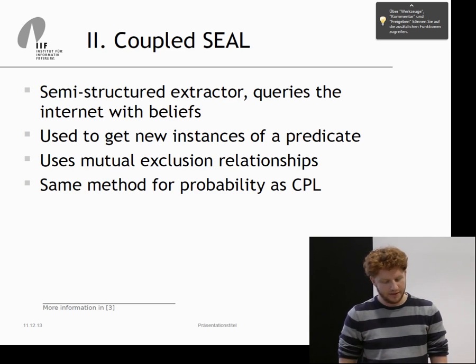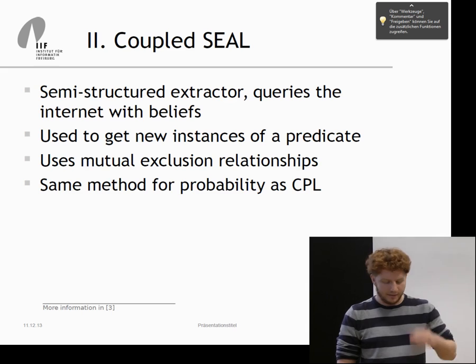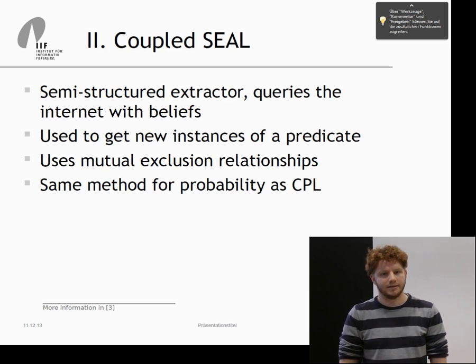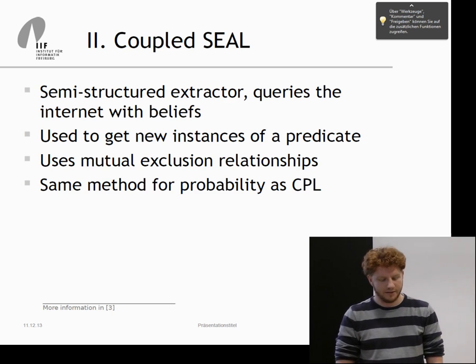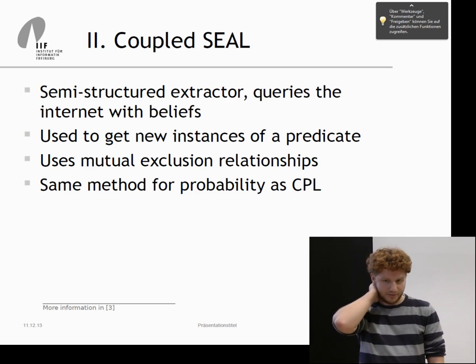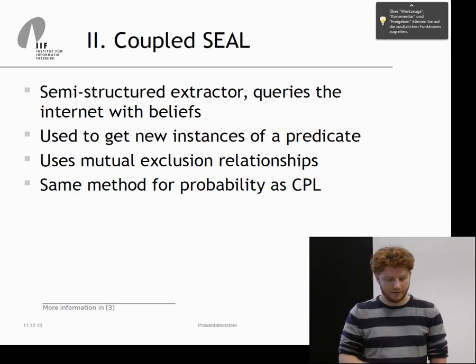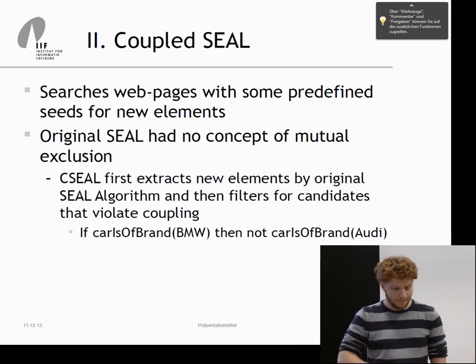The probability method for Coupled SEAL is the same as for CPL, and the other subsystems of NELL have different probabilities, so that we have some systems which only give probabilities less than 0.5, and these give only higher probabilities.